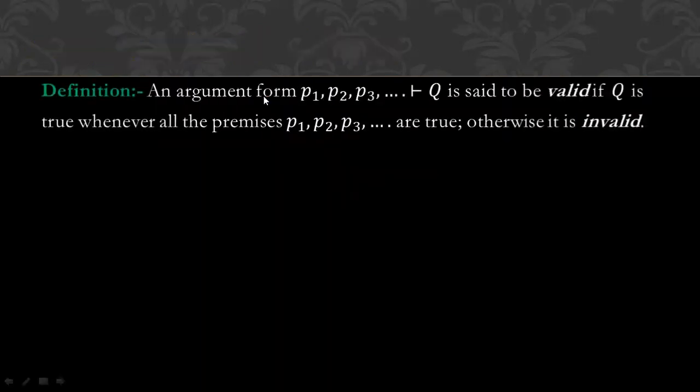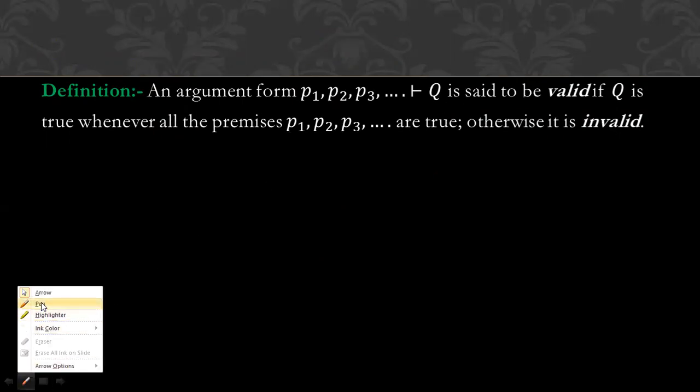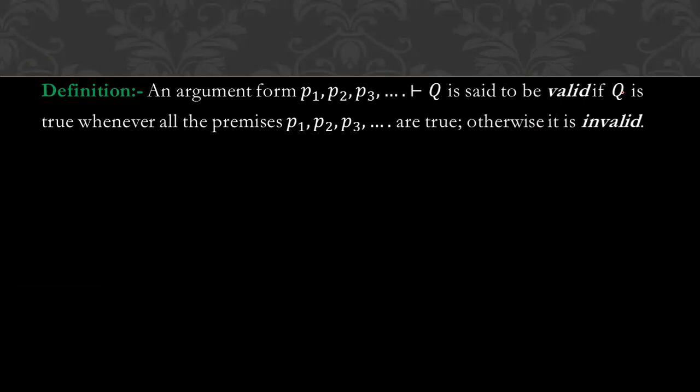Then we proceed to the second definition for this video. An argument of this form is said to be valid if the conclusion Q is true whenever all the premises P1, P2, P3 up to Pn are true at the same time. Otherwise, it is invalid.